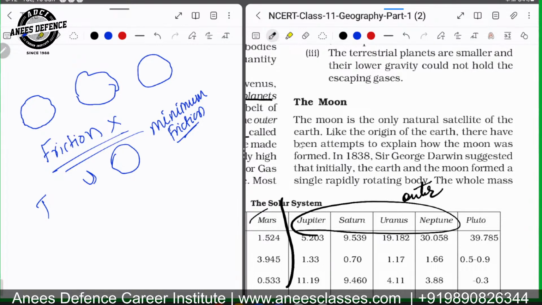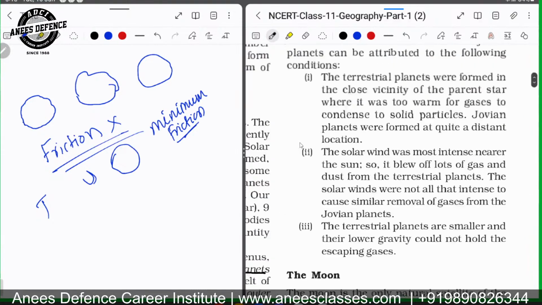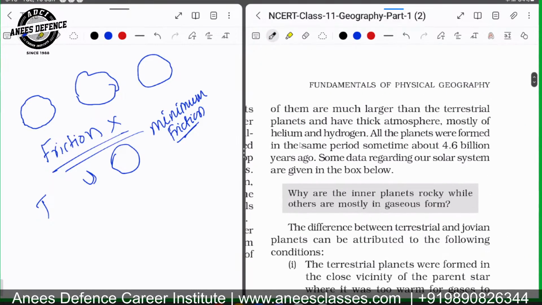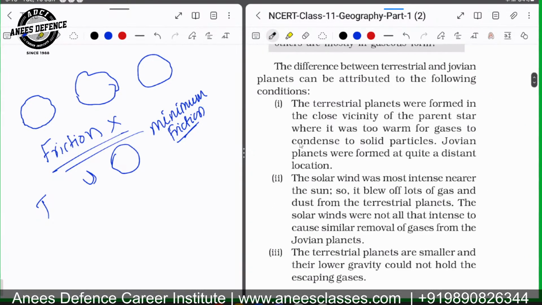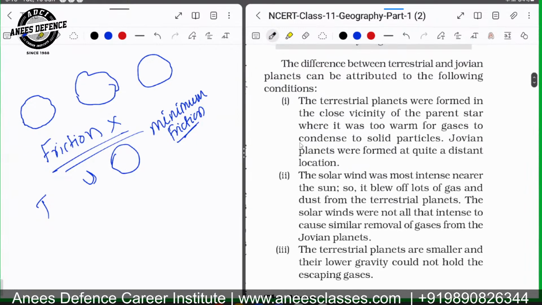Remember what is inner and what is outer. And outer planets are also called Jovian planets. Remember this name, outer planets. Look, this is called inner, this is called outer.